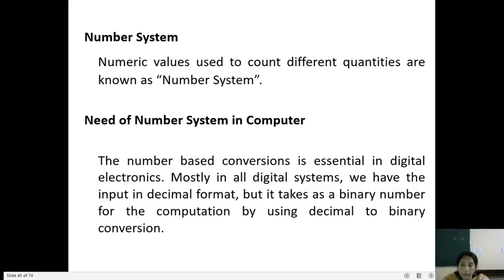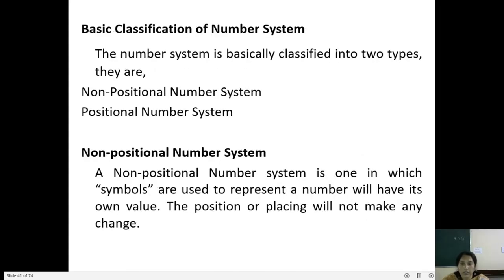And they are using that in our computers nowadays. When you come to the number system, it has been divided into a large number of digital electronic devices, and it is the concept which is used for the binary representation. And in this number system you will understand different classifications.